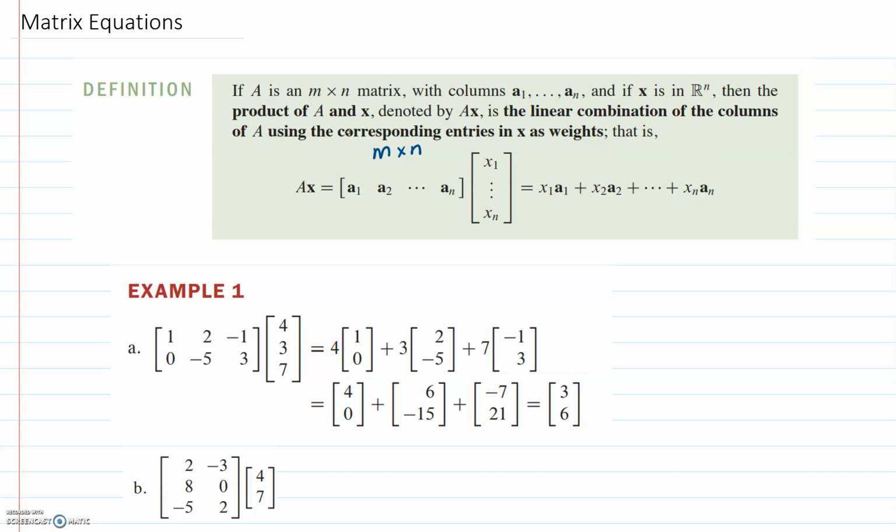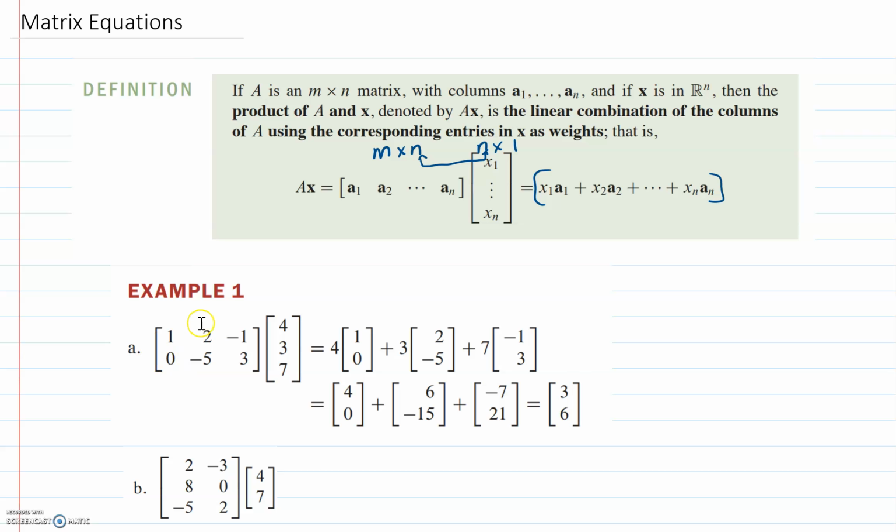This one column matrix is n rows by 1. These two inner numbers have to be the same. And the result is going to be an m by 1 matrix. So it's going to be m rows, and that makes sense because each column here has m entries, we'll see this down below, by 1. Right? So if you put this in matrix form, it would look like that.